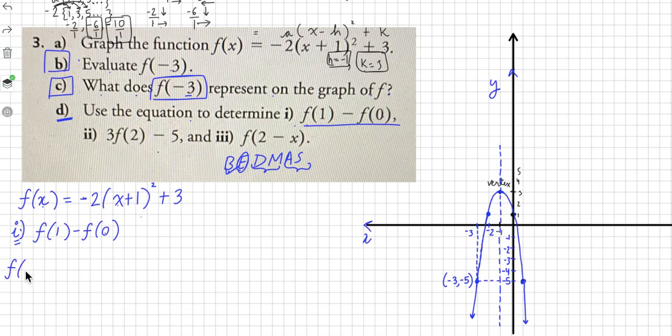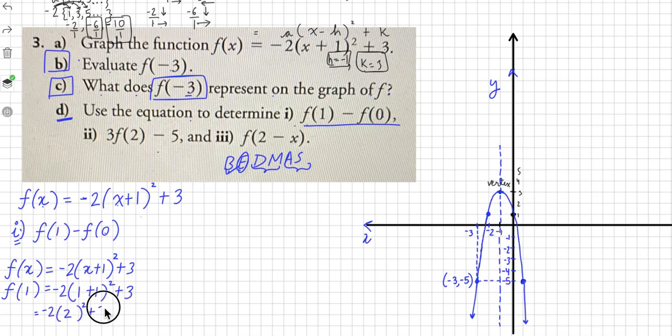So f of x, the function given to us, is negative 2 brackets x plus 1 whole squared plus 3. Now we are solving f of 1 first. Replacing the x with 1 in the equation: negative 2, brackets 1 plus 1 whole squared, plus 3. We solve the brackets first. 1 plus 1 is 2, then square that, plus 3.